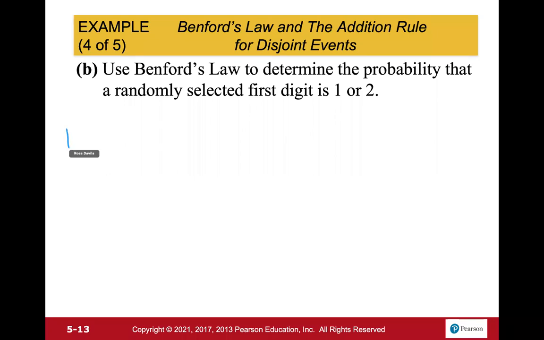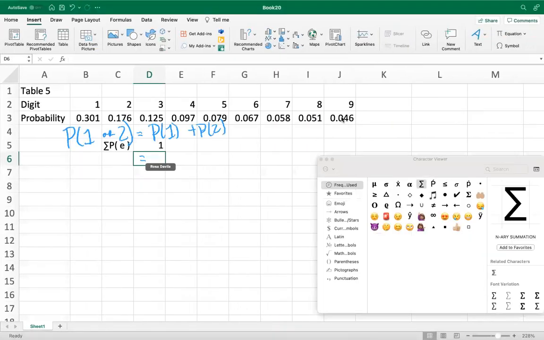Since these are disjoint events, 1 is not part of both 1 and 2, and 2 is not part of both 1 and 2, so these are two disjoint events, and we can use our addition rule. Here we have the probability of 1 plus the probability of 2. That's going to give us the probability of both of them.